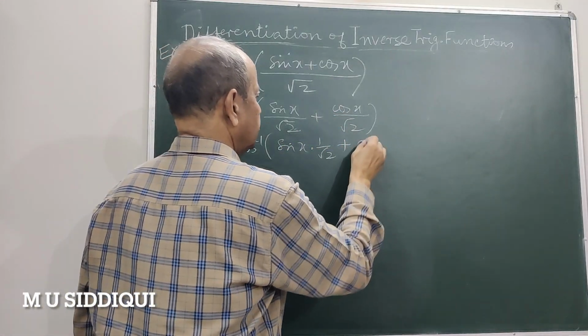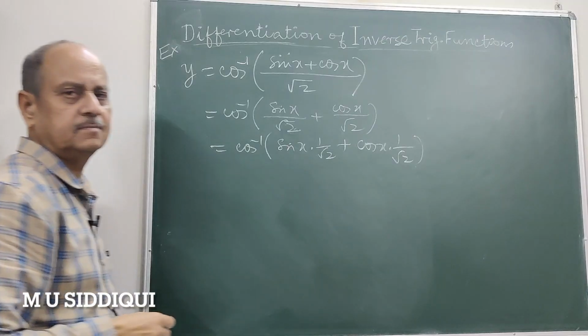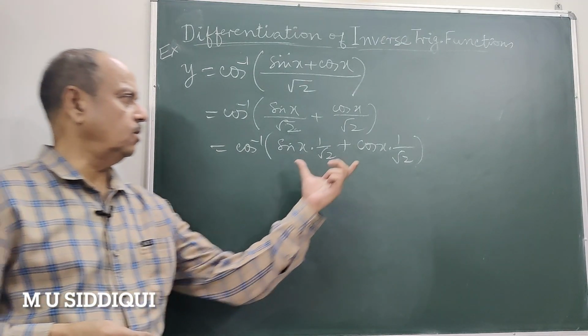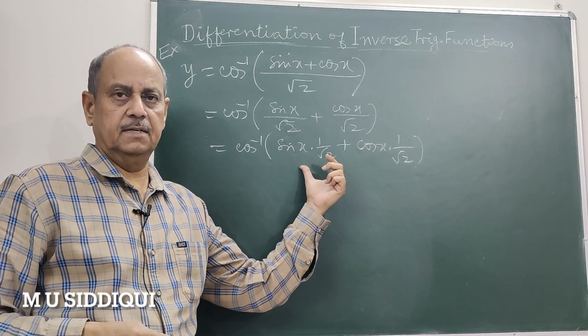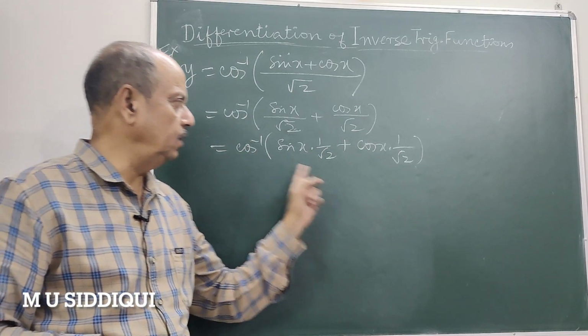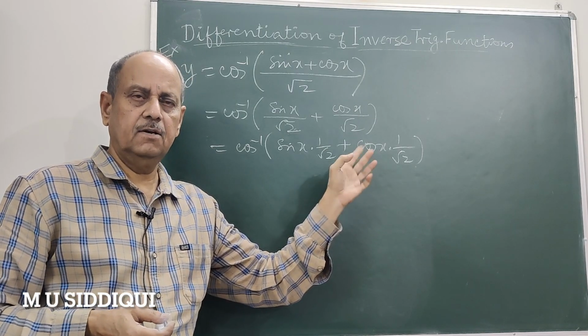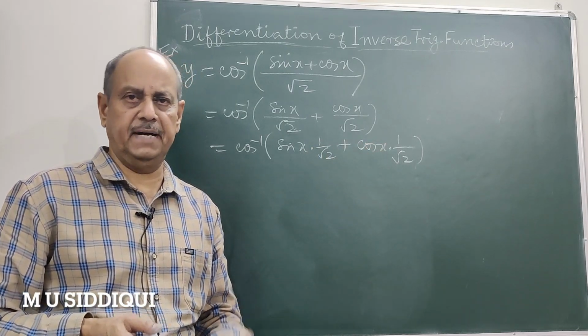And this is cos x and 1 upon root 2. After that, you need to recall it is in a certain pattern. Whenever it is outside this cos inverse, it means you need to convert this expression inside the bracket in terms of cos something, cos a plus b type or cos a minus b type.